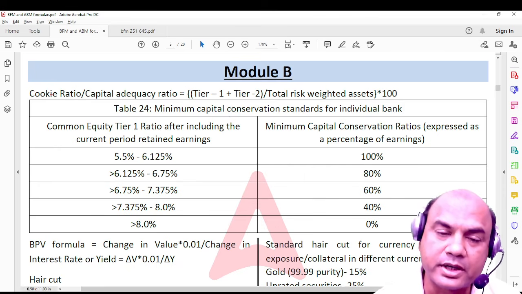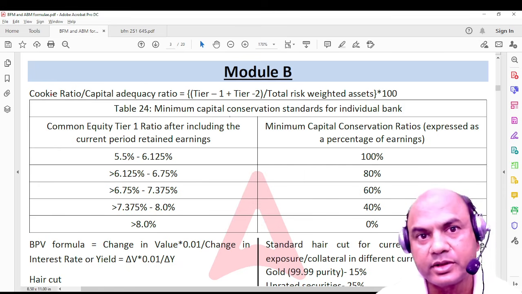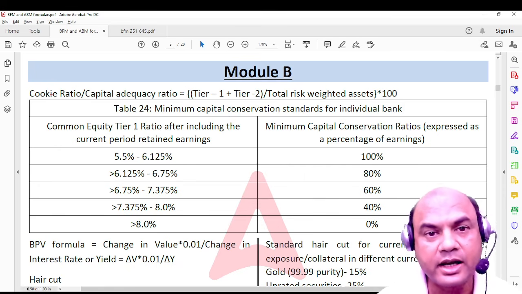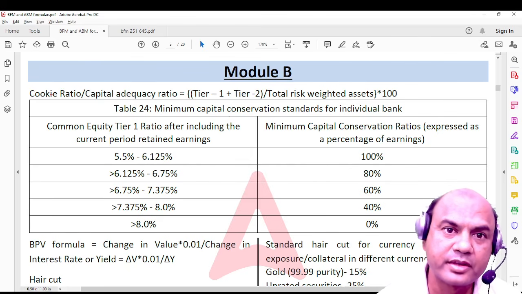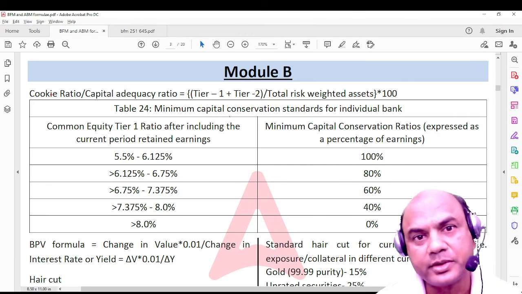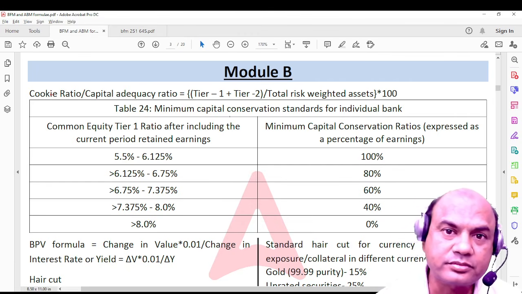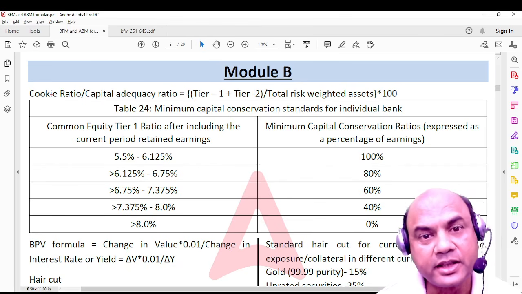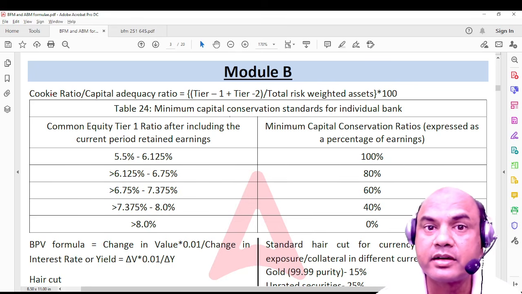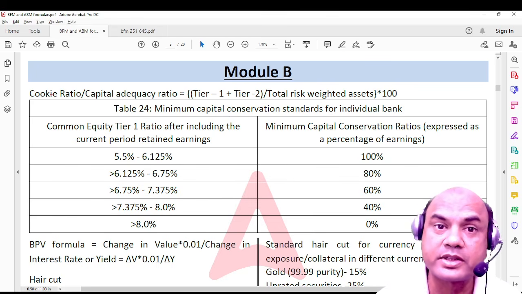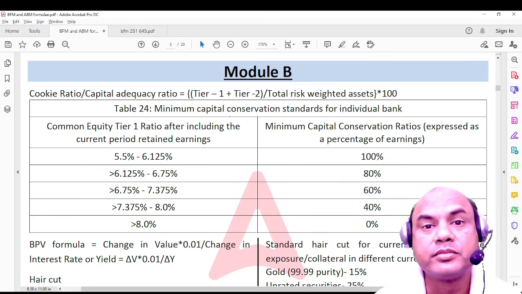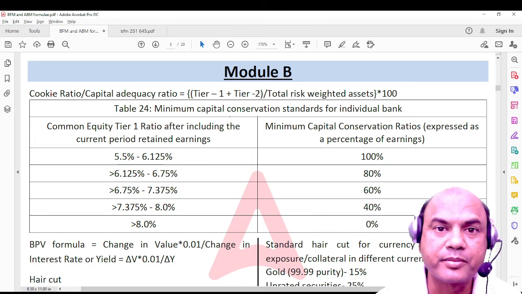Tier 1 has two parts, CET1 and AT1: common equity tier 1 and additional tier 1. CET1 has four elements: common share, reserves and surplus, net profit, and revaluation reserves. But revaluation reserves are taken at a 55% discount, so they are taken at 45% value.